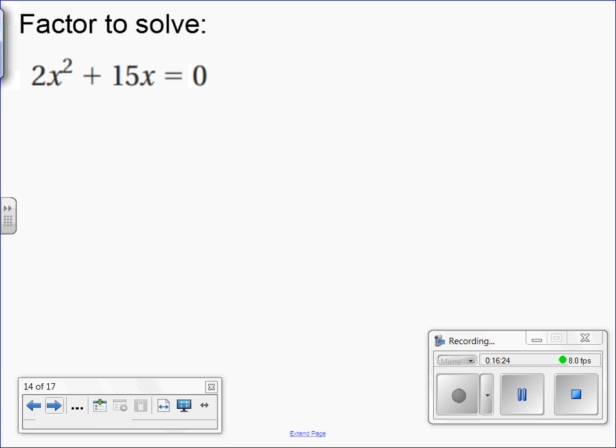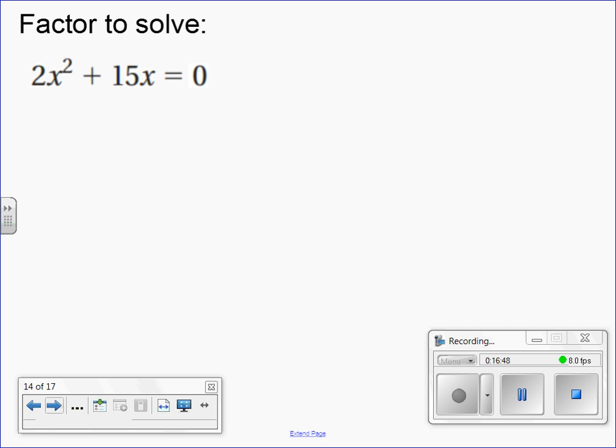All right, let's try this one. So if we're following the steps, step 1 is get it set equal to 0. Is it already set equal to 0? Yes. So step 1 is done. Step 2 is, what does it say on the paper? Factor. So can we pull any numbers out front? Are 15 and 2 divisible by any numbers?